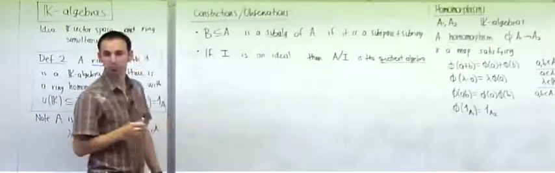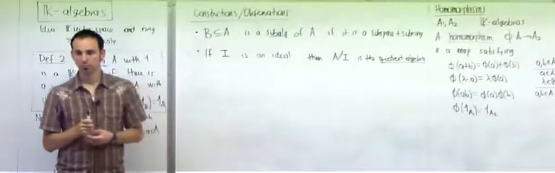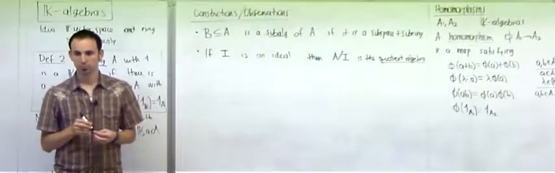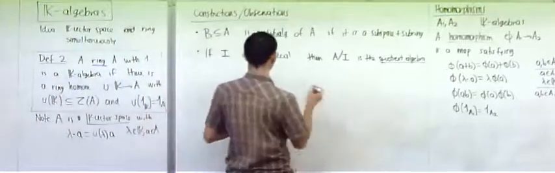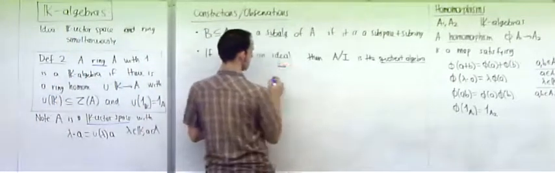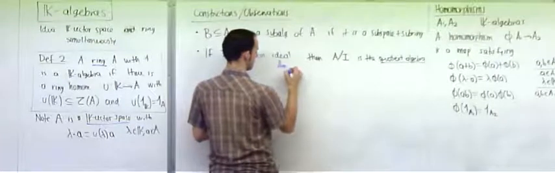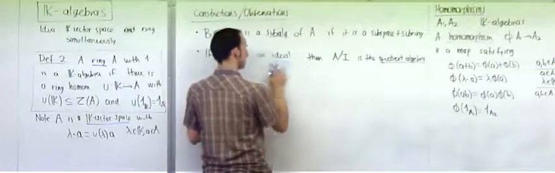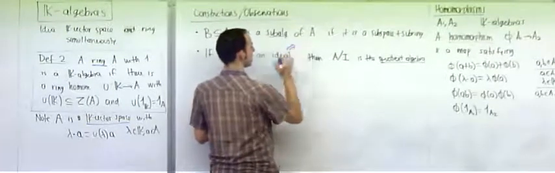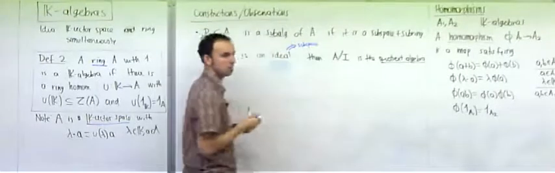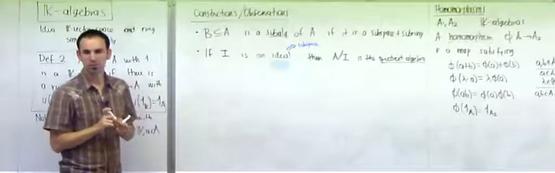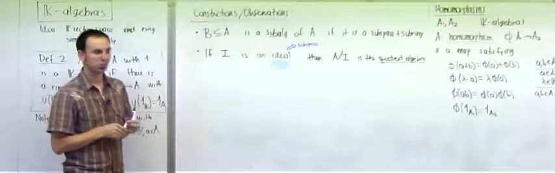So just to clarify, the subspace condition follows naturally from the ideal condition. It's implicit here that if you're an ideal, then you are a subspace. Is that true? That's good for the forum.